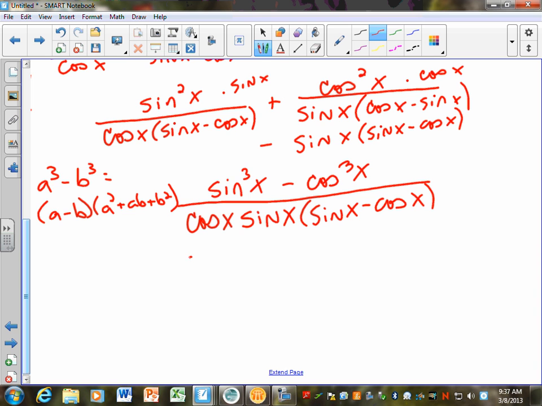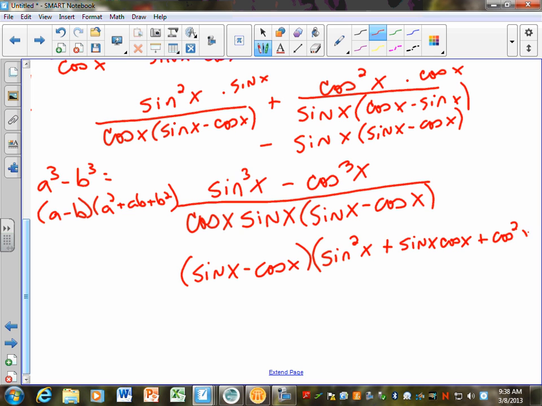So this factors into sine of x minus cosine of x, because that's a minus b, times sine squared plus this times this, which would be sine of x cosine of x, plus the last one squared, which is cosine squared x.